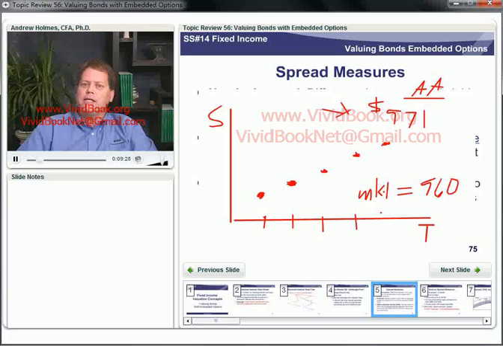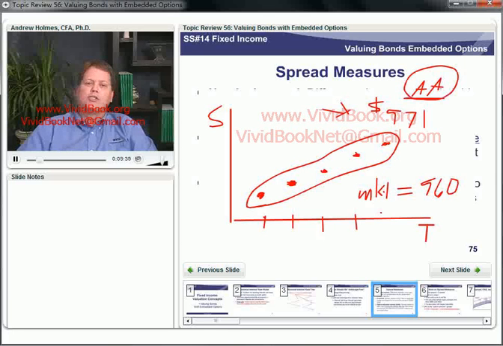So these interest rates were determined based on treasury securities, that is risk-free securities, whereas what we're dealing with here are risky securities. That is a AA bond. So if we use risk-free rates to discount the cash flows from our AA bond, the discount rates are too low. Obviously, we're going to get a price that is too high.